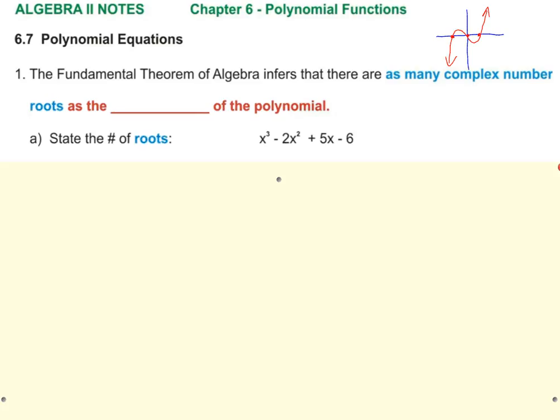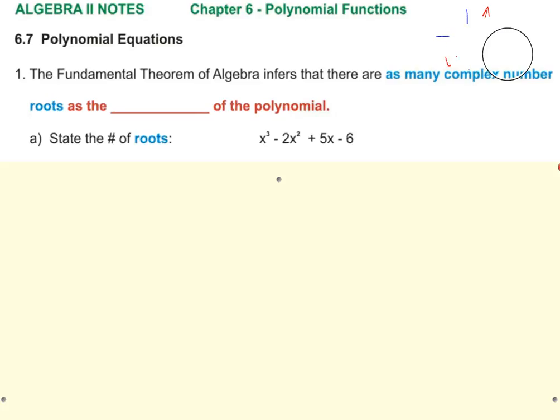When you solve for a zero, you set the y variable to 0, giving you, in effect, an equation with only one variable, the x. So solving a polynomial equation is synonymous or similar to finding the zeros of a polynomial function. Okay, so that's the tie-in, and that's the relationship there.